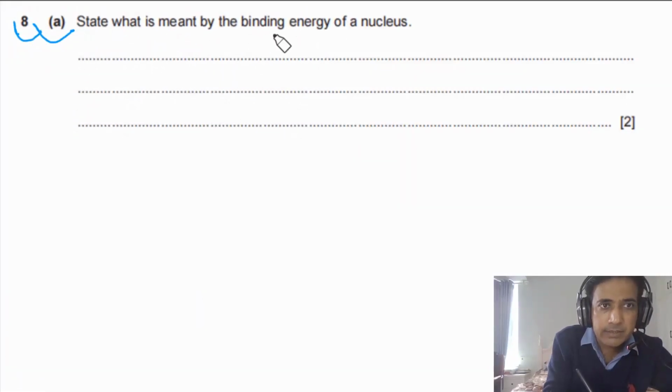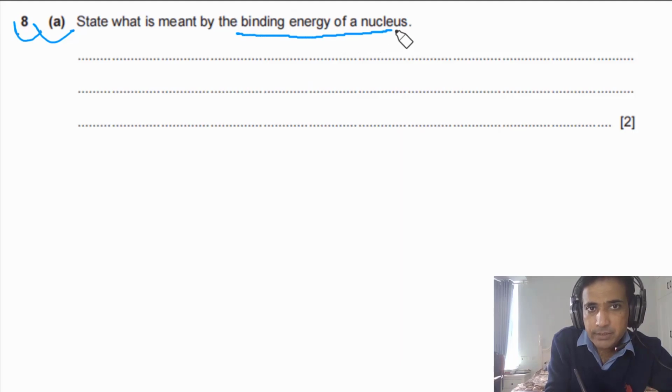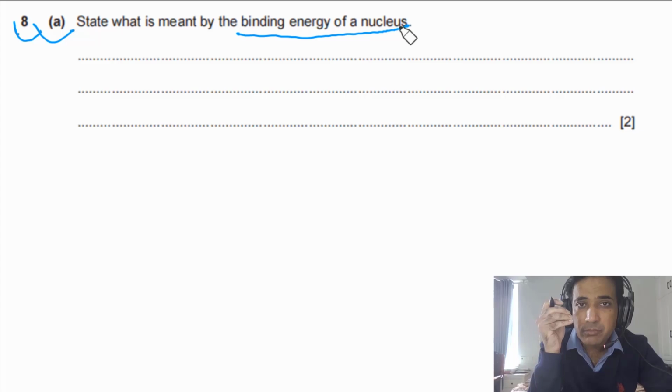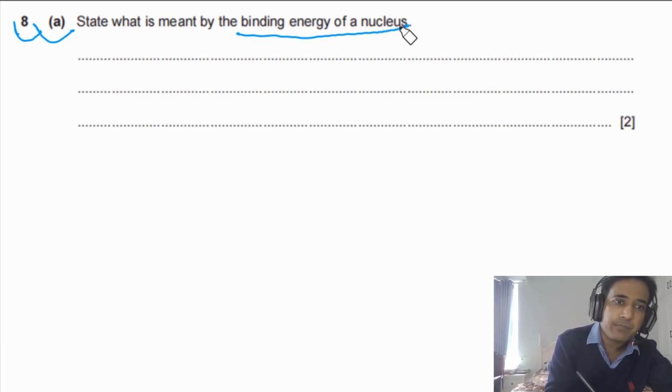Question 8, Part A says, state what is meant by the binding energy of a nucleus. Binding energy of a nucleus is the minimum amount of energy needed to separate the nucleons of a nucleus to infinity. It simply means that we can imagine we have this nucleus. This nucleus has 2 protons and 2 neutrons.